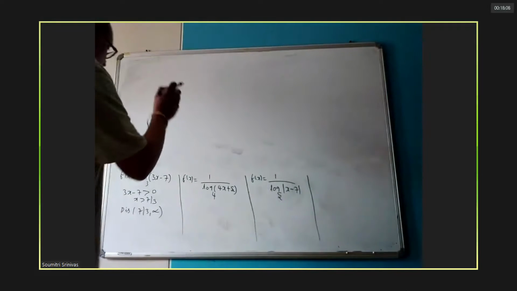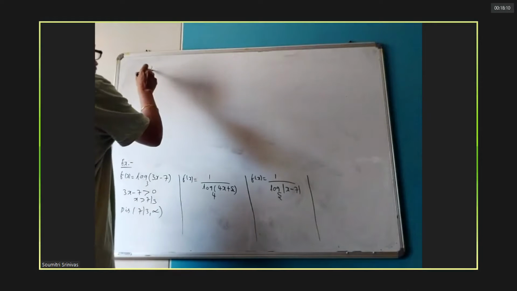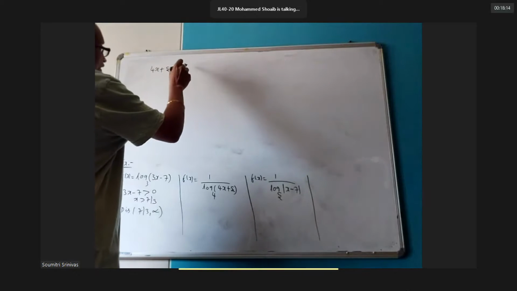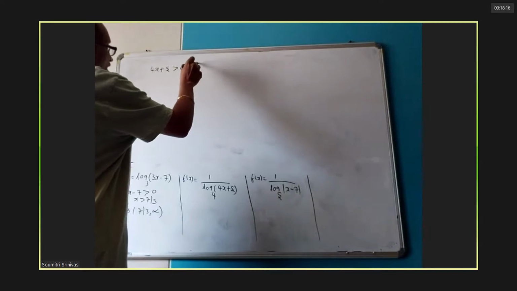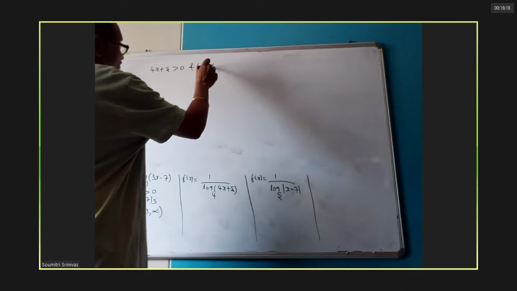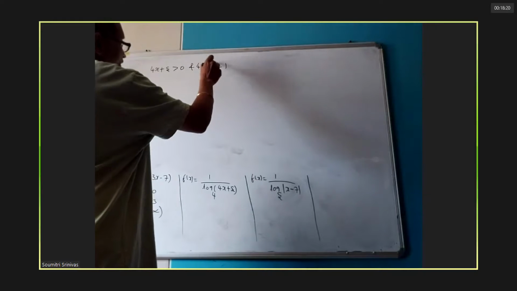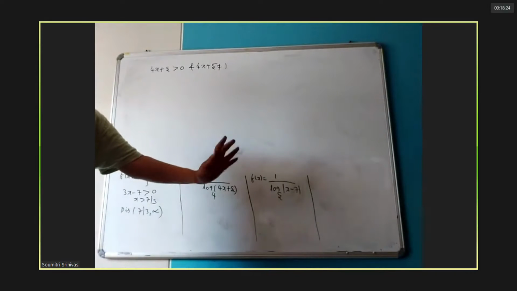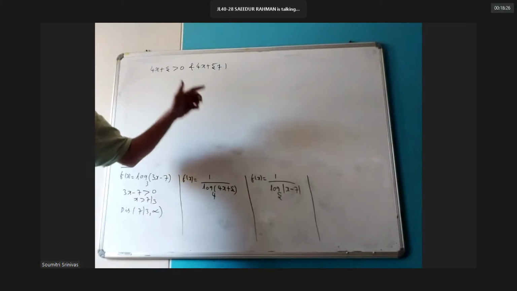What will I get, man? Minus 5 by 4 comma infinity excluding minus 1. 4x plus 5 greater than 0 and 4x plus 5 not equal to 1. Correct? Am I correct? Yes, sir.